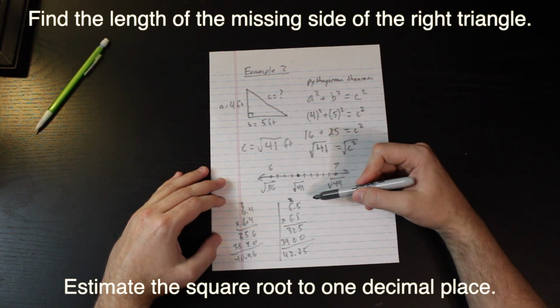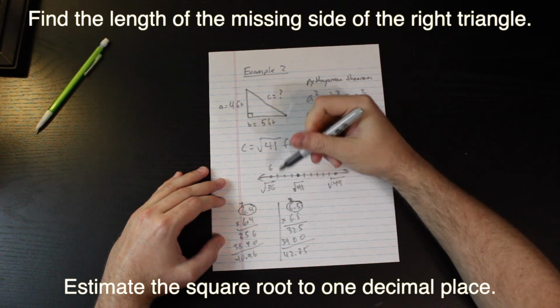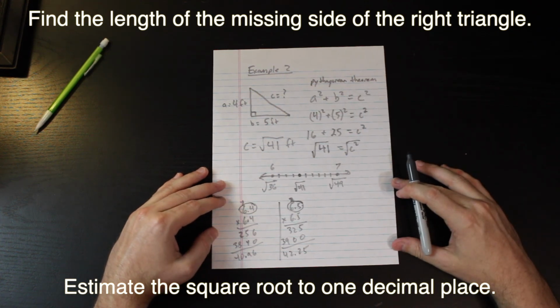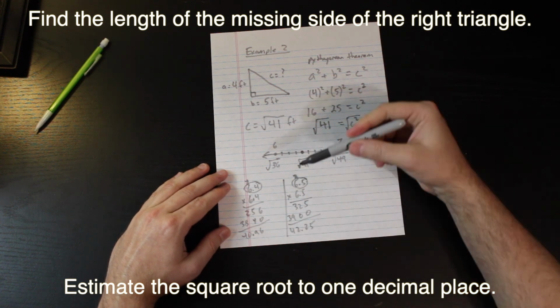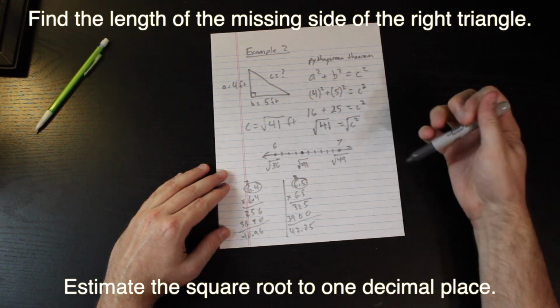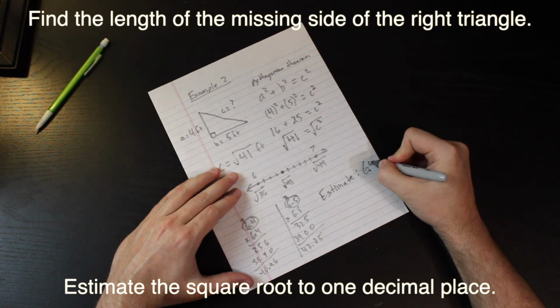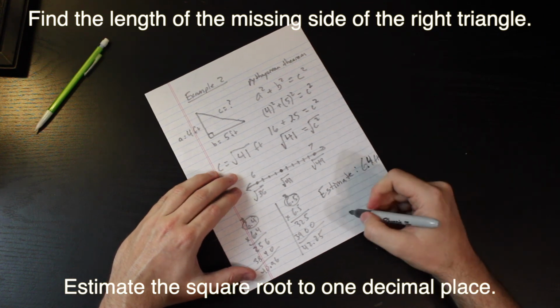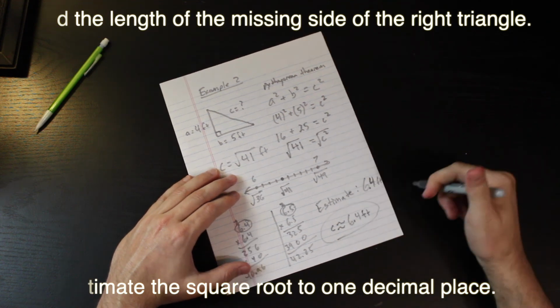So now we know that our answer must be between 6.4 and 6.5. But we also know that because 41 is much closer to 40.96 than to 42.25, 6.4 is our best estimate. So there's our answer. The length of side C is approximately 6.4 feet. Well done.